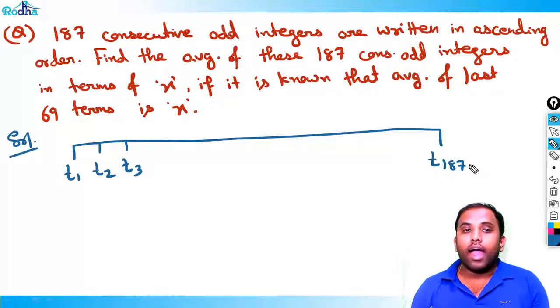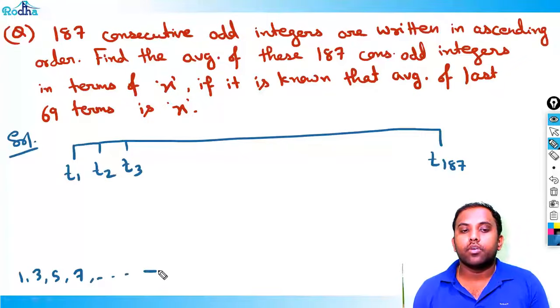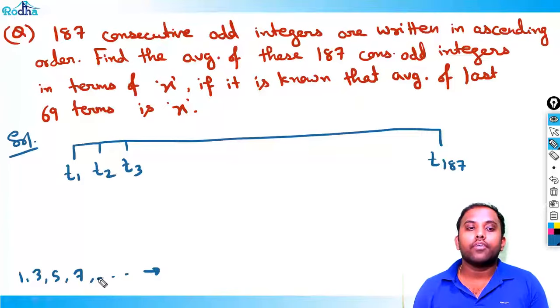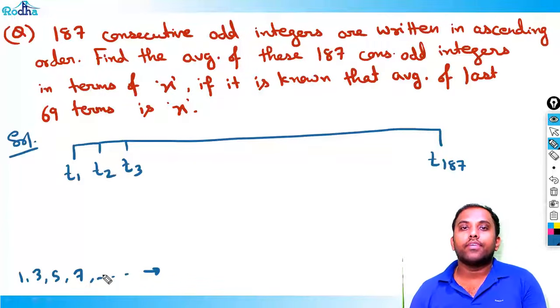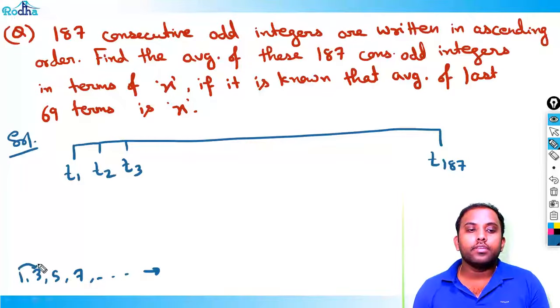So what is the average of this series? Because this series is of consecutive odd integers, like 1, 3, 5, 7, and so on. How to calculate the average? This is an AP, because the difference is always plus 2.